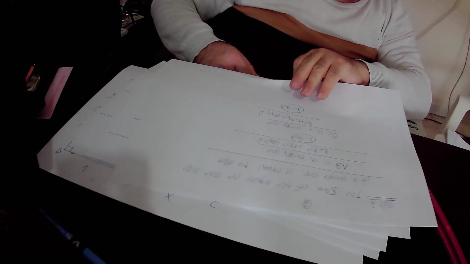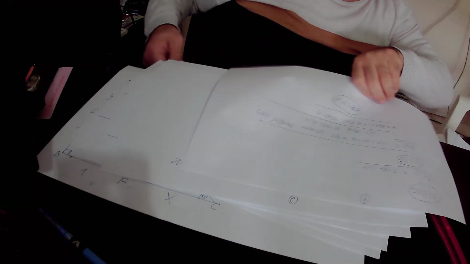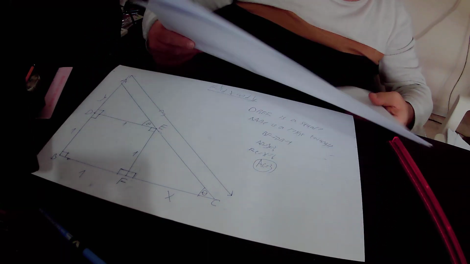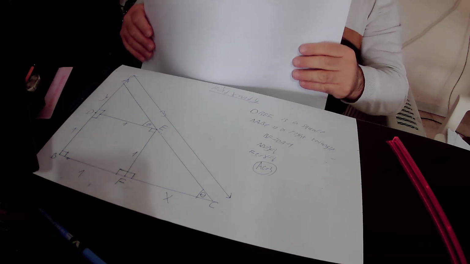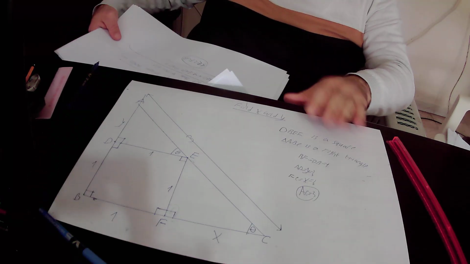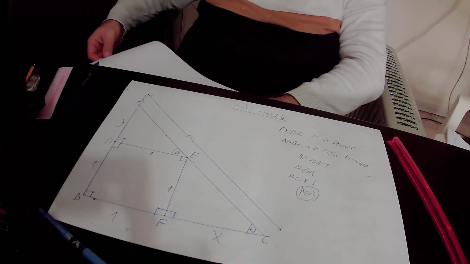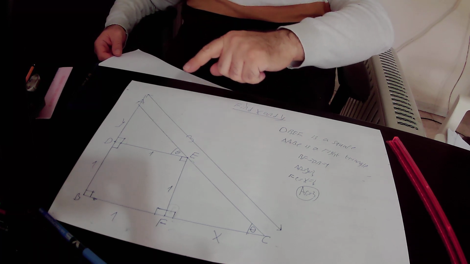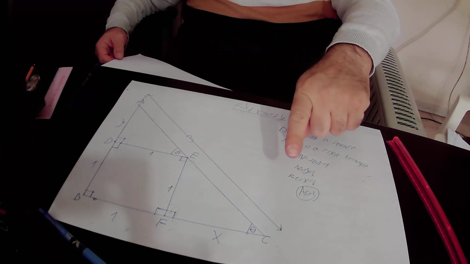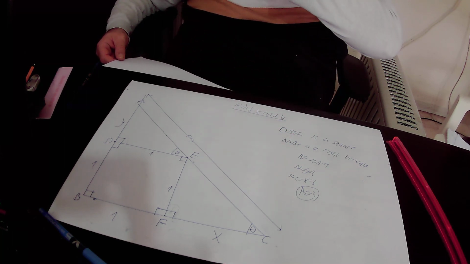We know that one side of the square is equal to 1 unit. We also know that the hypotenuse AC of the right triangle ABC equals 3 units.